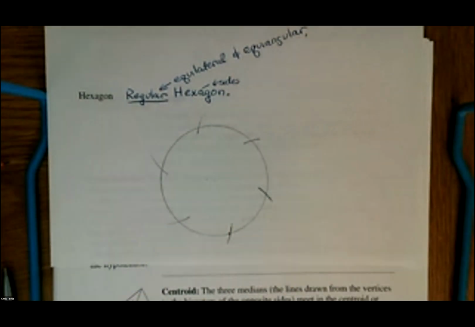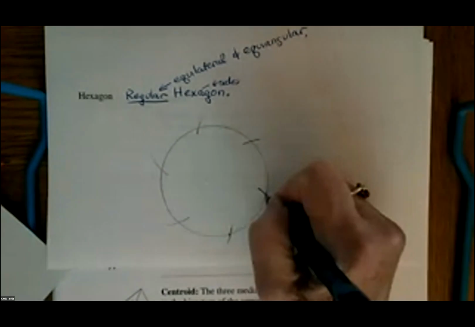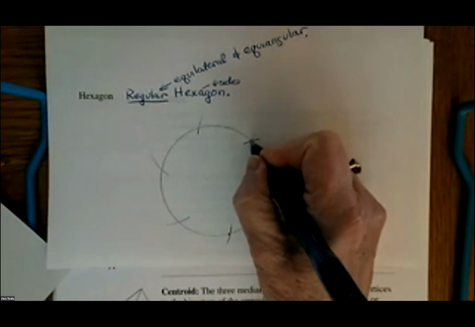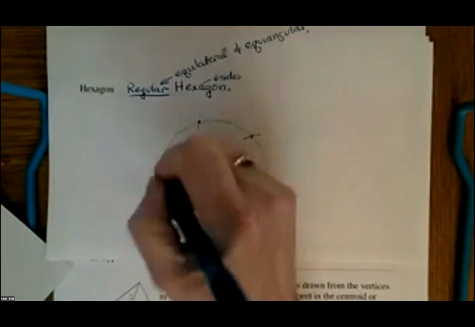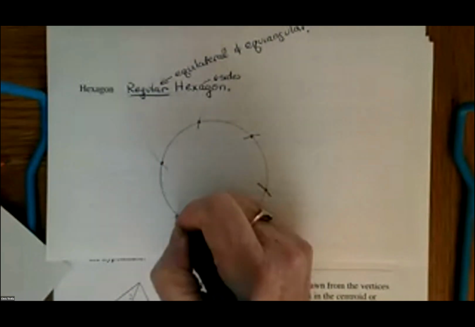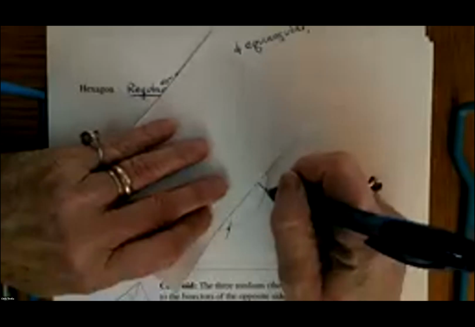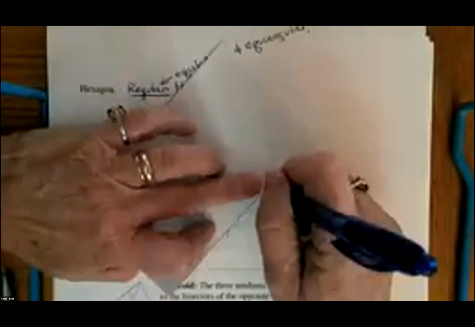And now we have 6 points. 1, 2, 3, 4, 5, 6. They're equally spaced around the circle.